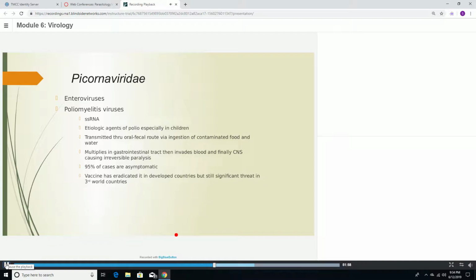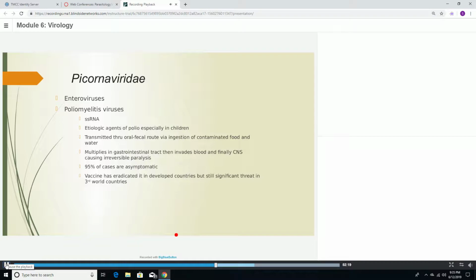The next virus we're going to talk about are the Picornaviridae, or enteroviruses. These are the poliomyelitis viruses. They're single-stranded RNA viruses. They're the etiologic agents of polio, especially in children, and it's transmitted through the fecal-oral route via ingestion of contaminated food and water.